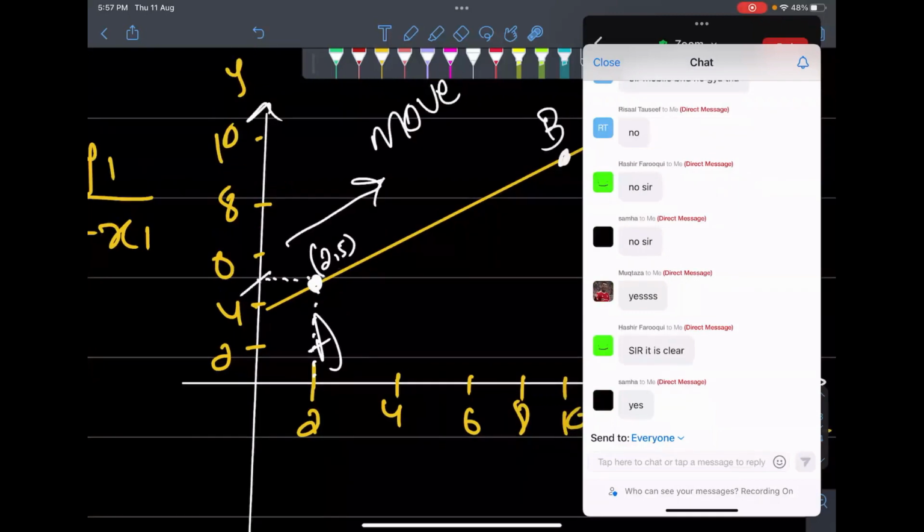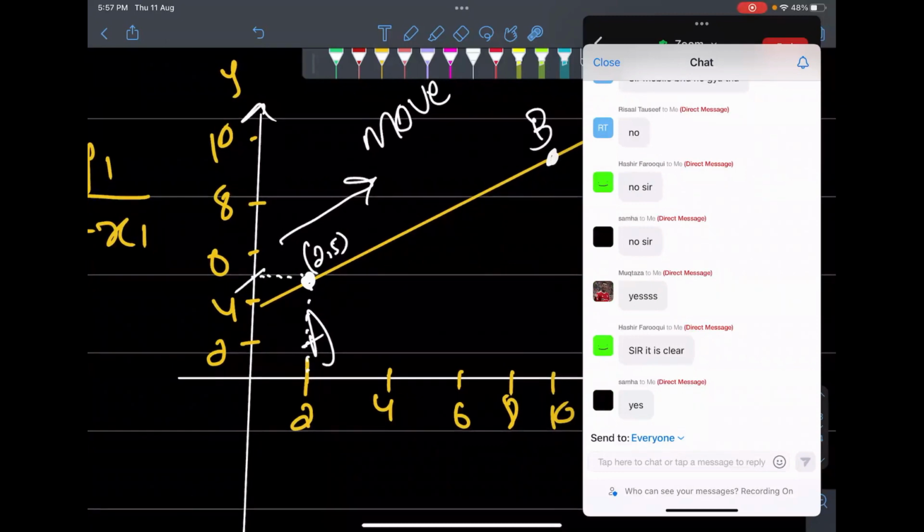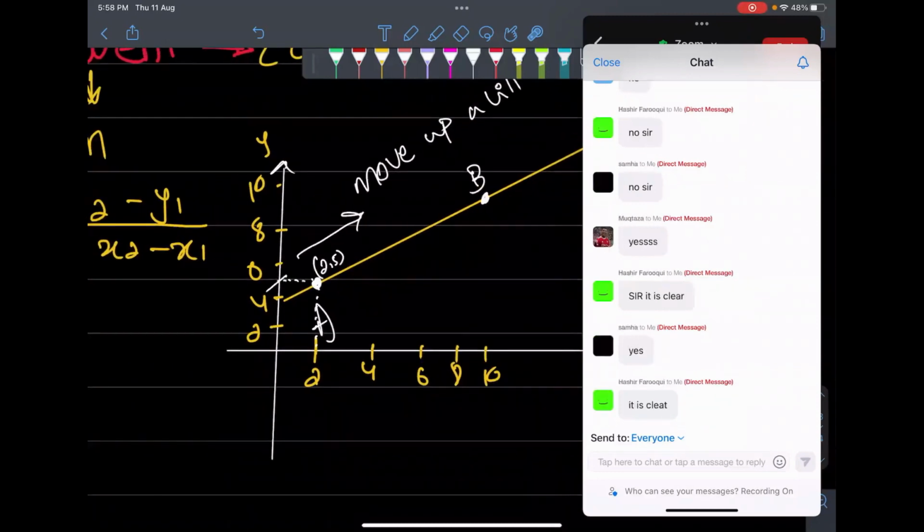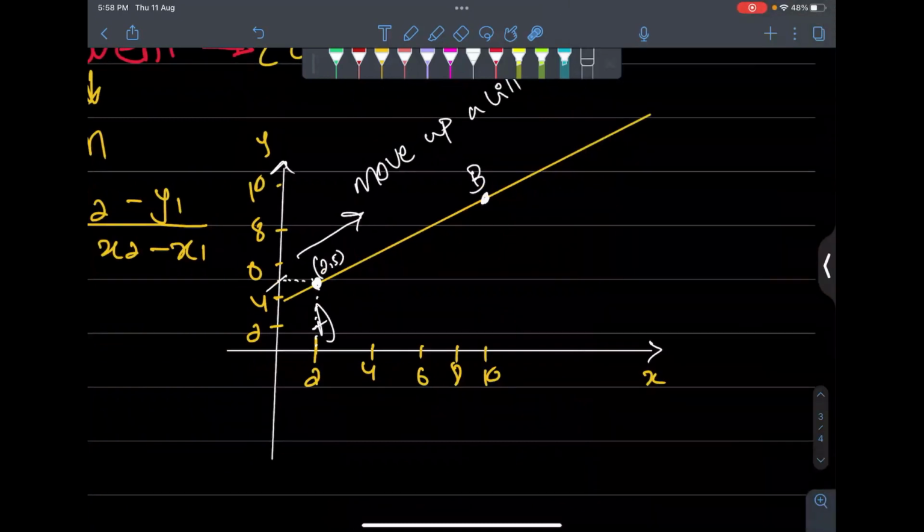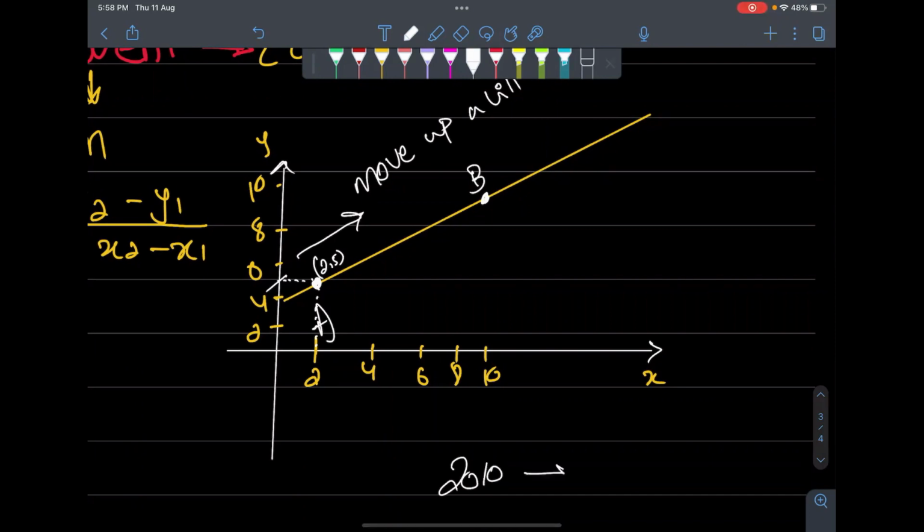Now I want to tell you a practical example of this. Imagine it's 2010. The economy is a lot better than how it is today. Now the pocket money that you get is 4,000 rupees.